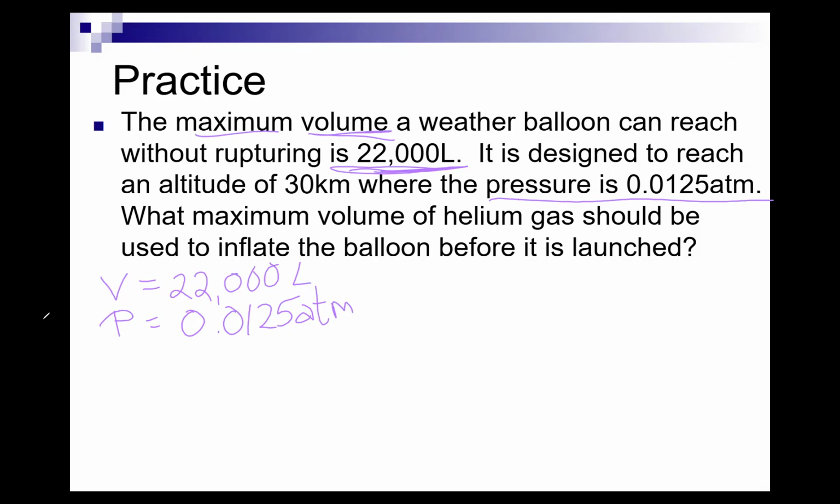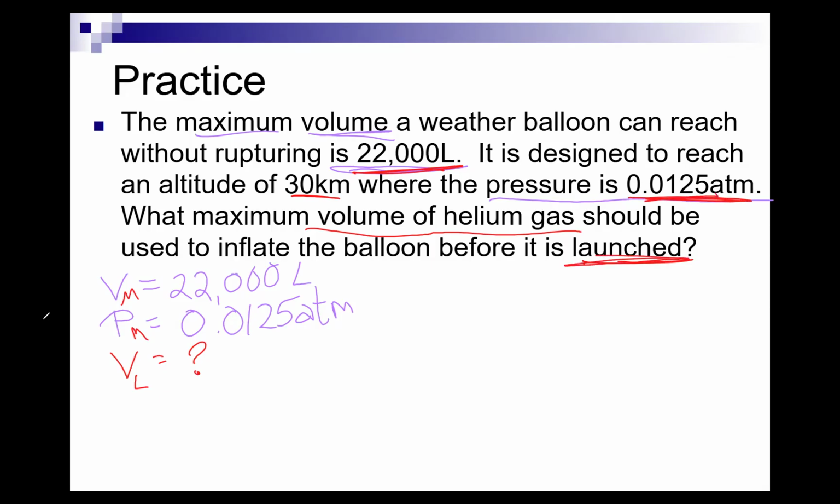What maximum volume of helium gas should be used to inflate the balloon before it's launched? So we're looking for what the volume would be if we're launching. This is V launch, and we'll say 30 kilometers is up in the mountains.